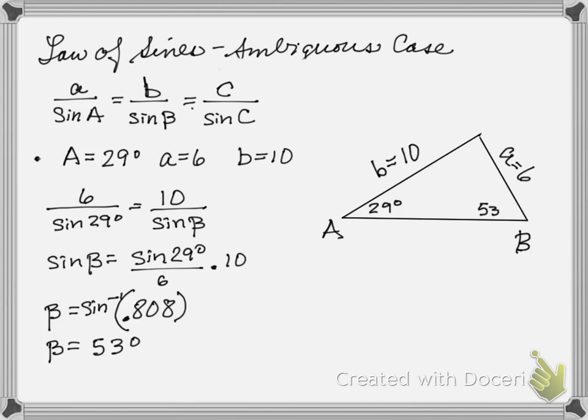And I can put that in there. And then we can solve the rest of this triangle, right? I'm not going to do all of that, but we could find this angle here, angle C, by using the rule of 180, right? If we have two of the angles of the triangle, we can find the third by the rule of 180. And then with the law of sines, I would be able to find this side C.